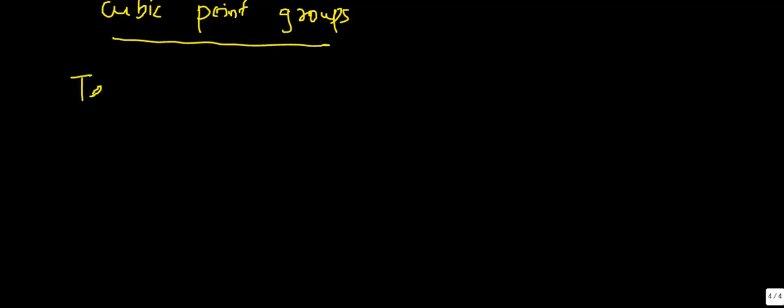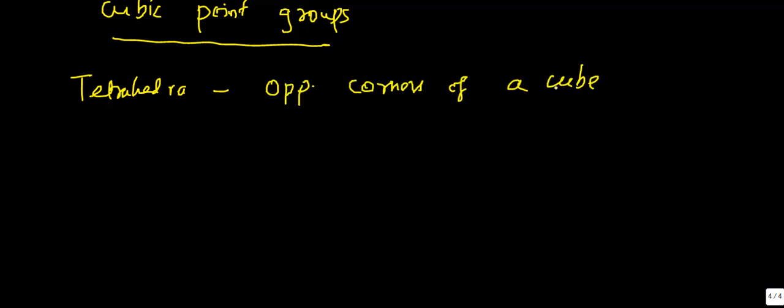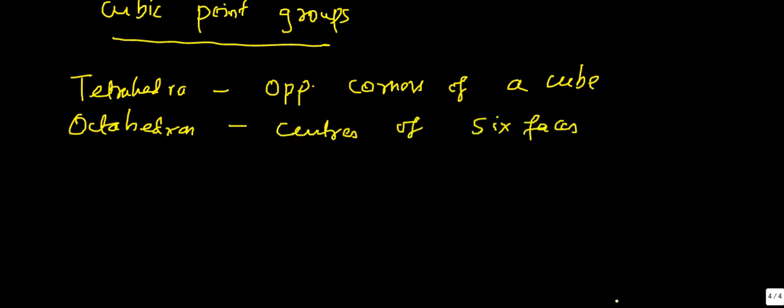In the tetrahedron, atoms occupy opposite corners of the cube. In the octahedron, atoms occupy the centers of 6 faces.